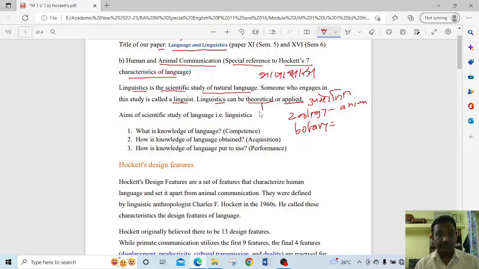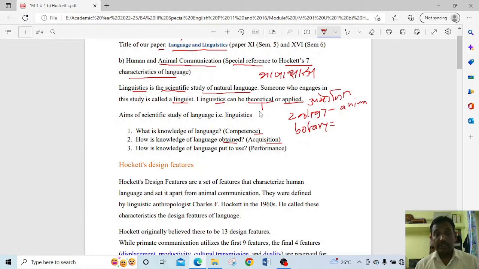Linguistics studies what? What is the purpose of linguistics? It studies any language with 3 questions. What is knowledge of language? That is called competence. How is knowledge of language obtained? How is it gained? How do we learn language? That is the acquisition.